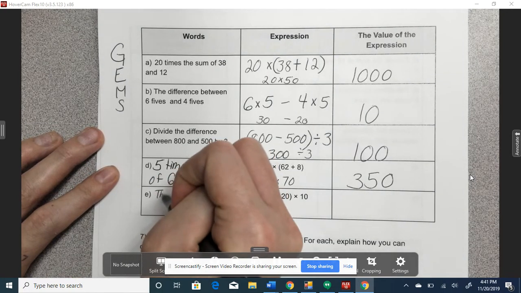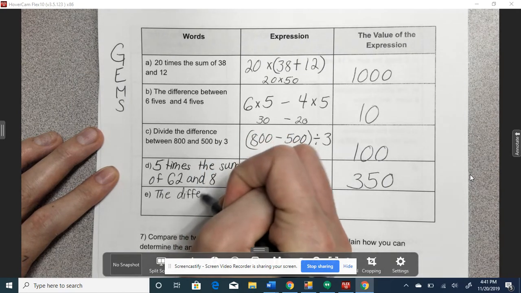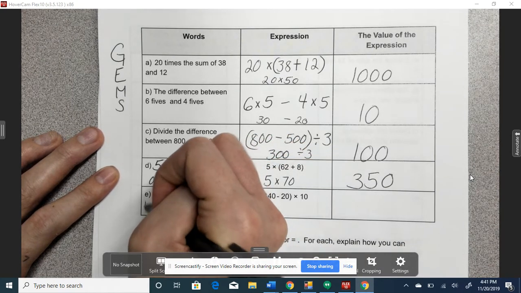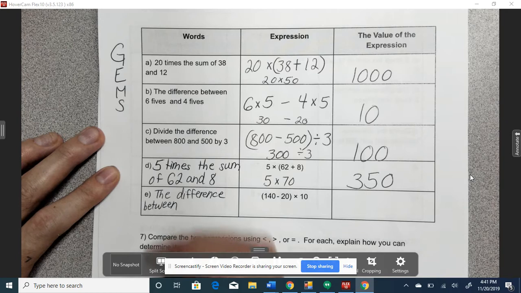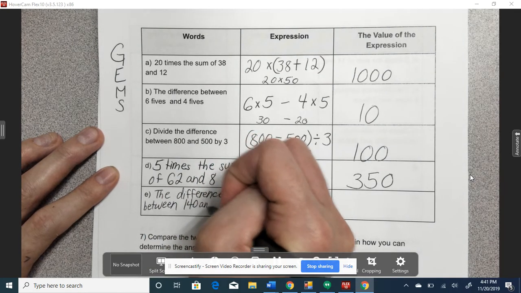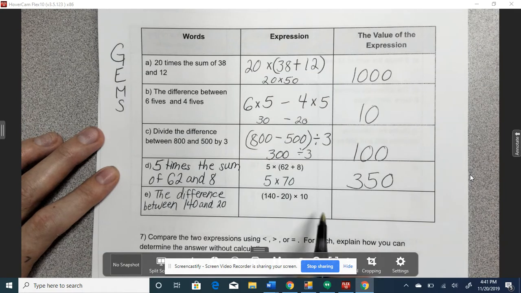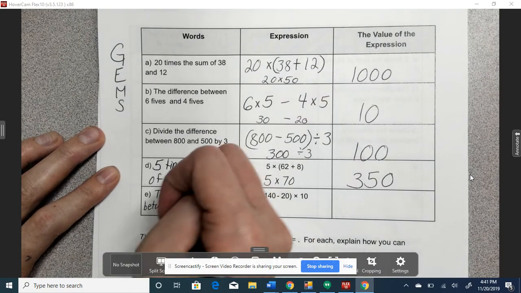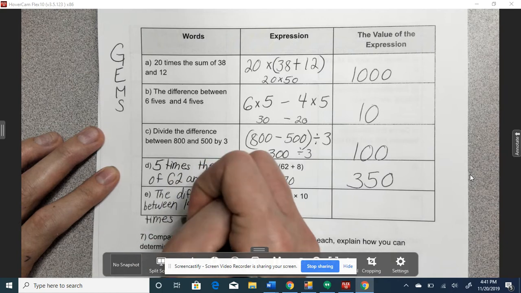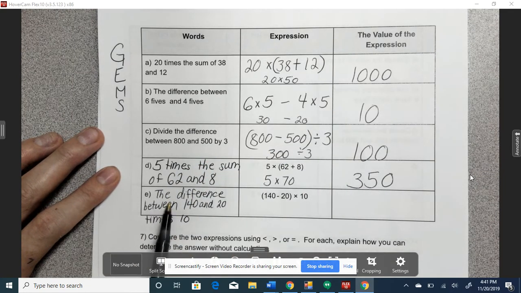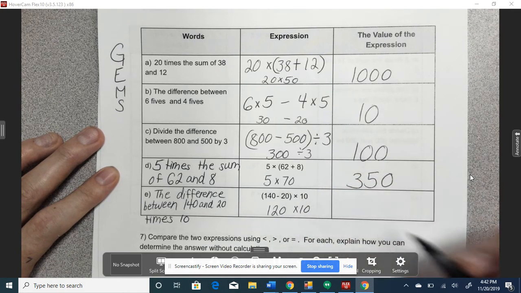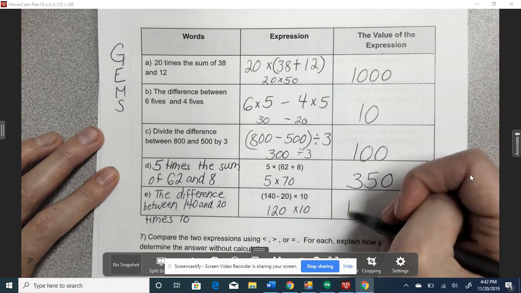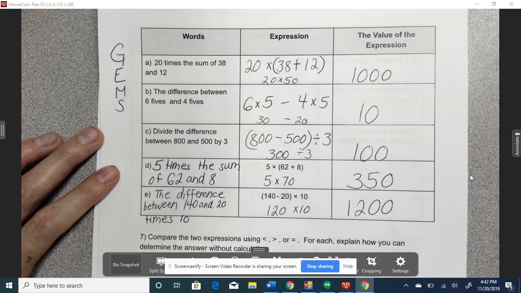So the difference between these 2 numbers, so 140 and 20, and now it looks like I'm going to multiply by 10, so I'm going to write times 10. The difference between 140 and 20 times 10. So let's see. 140 minus 20 is 120, and I'm multiplying that by 10. Oh, I know that's just 10 times greater than 120, which is 1,200.